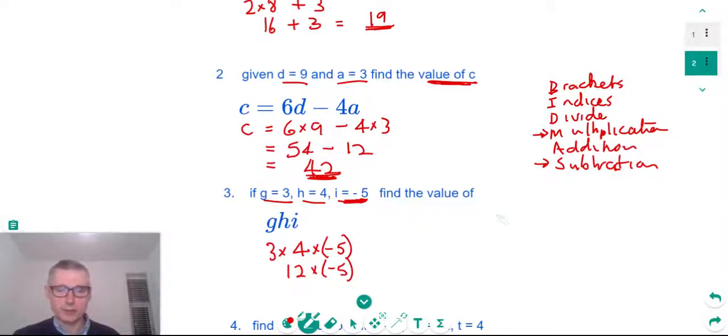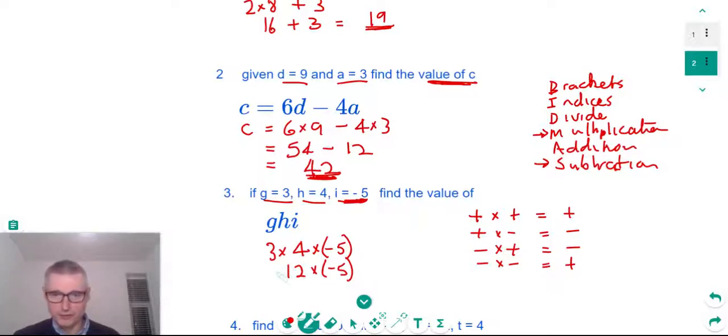So if we know the rules of multiplication for signs, we know if we've got a positive times a positive, that would give us a positive result. If we had a positive times a negative, we actually get a negative result. If we have a negative times a positive, we still get a negative result. And if we have a negative times a negative, then we get a positive result. So what we've got here, we've got a positive 12, even though it's not written there.